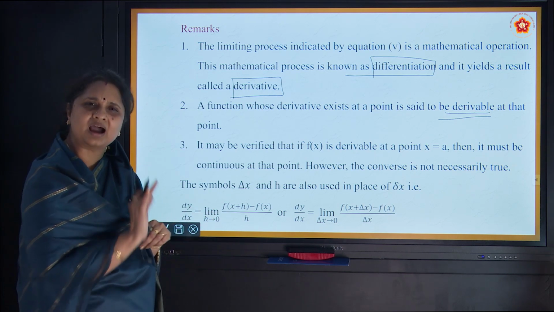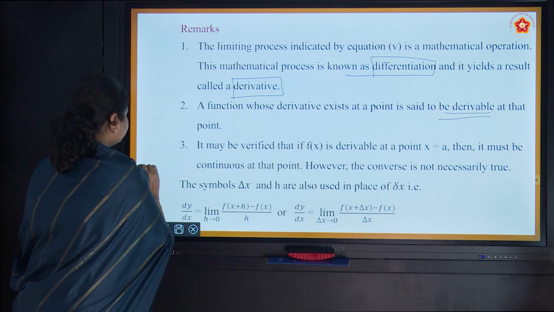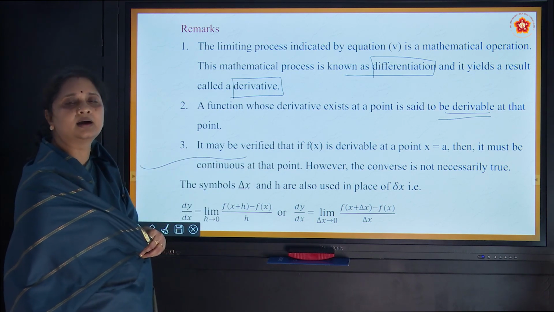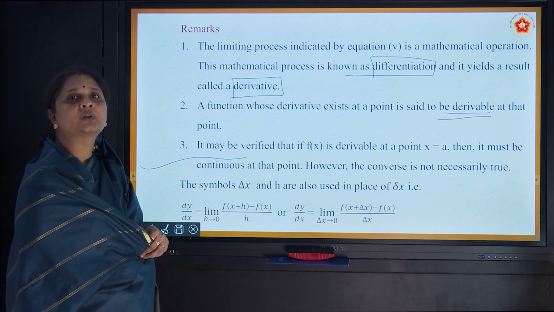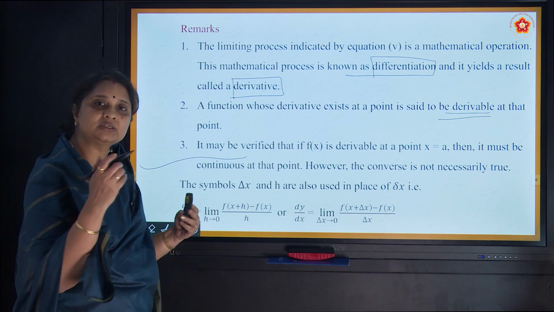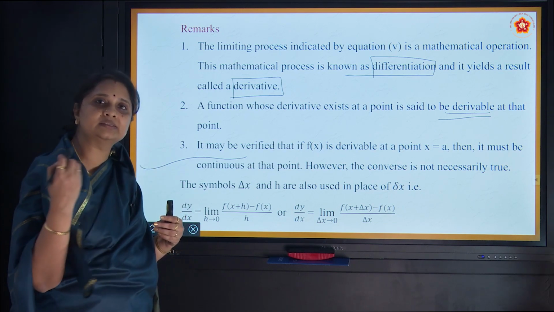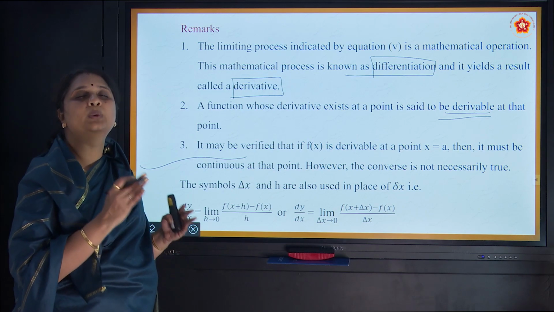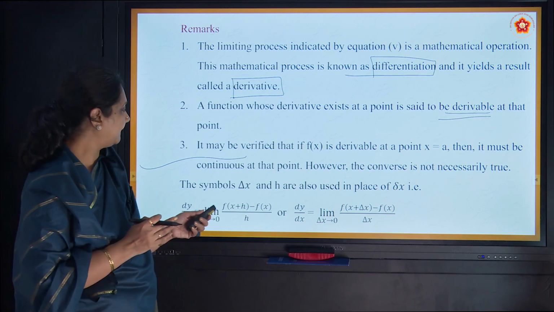Meaning, when you graph a relationship that is given to you, it should give you a continuous curve or a line or a particular shape. It has to be continuous. You shouldn't be taking out your pen for any reason when you graph it. Only such functions will be differentiable.